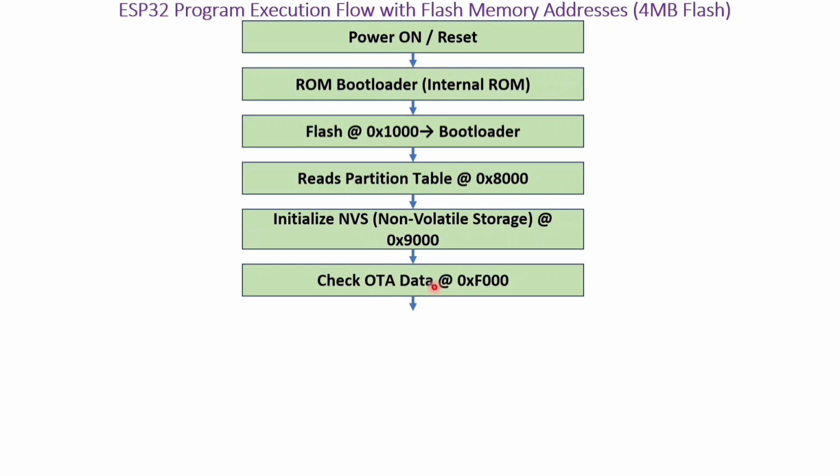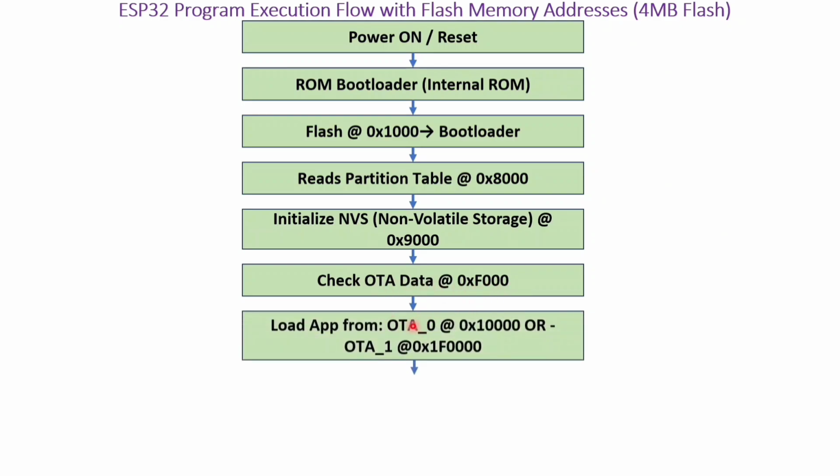Then it will check the OTA data at location F000, right? Now we have two OTA partitions, OTA 0 and OTA 1, at their respective addresses. Which OTA application to use will be decided by this section, which provides the OTA-related data, and it will tell the ESP32 whether to go for OTA 0 or OTA 1.